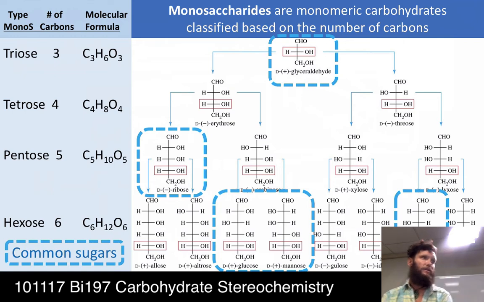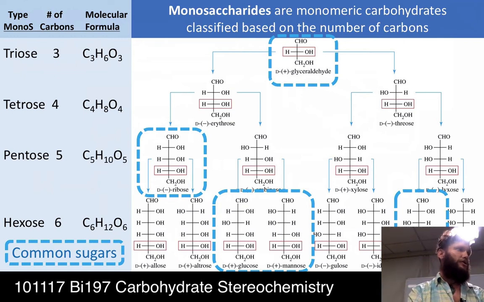And let's just look at that second line there, the tetroses, erythrose and threose. They're both D sugars, so they have the same arrangement about that carbon in the pink box in those two structures.